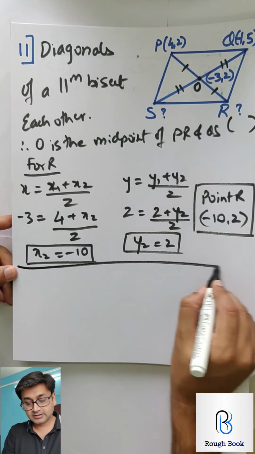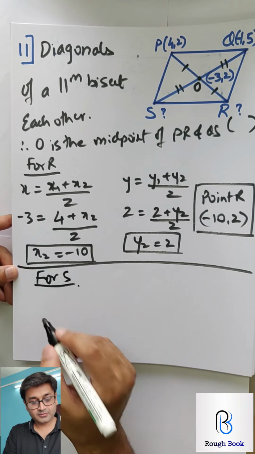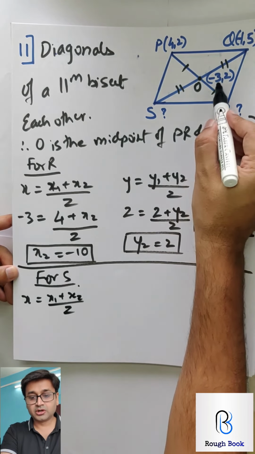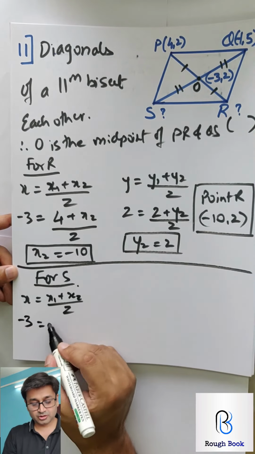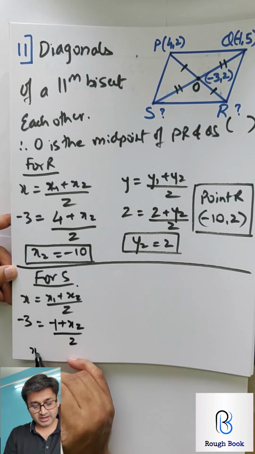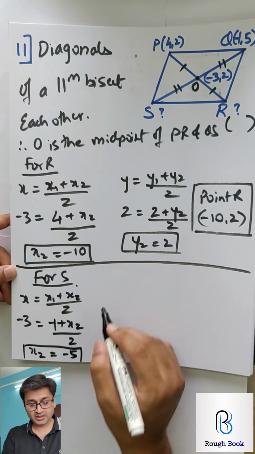Good. Second part, for S, again X, X1, X2 by 2. So again this becomes X, that is minus 3. X1 this time is going to be minus 1 plus X2 by 2. So my X2 will be what? Minus 6 plus 1, so minus 5.